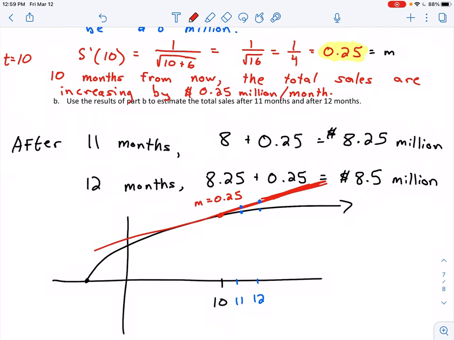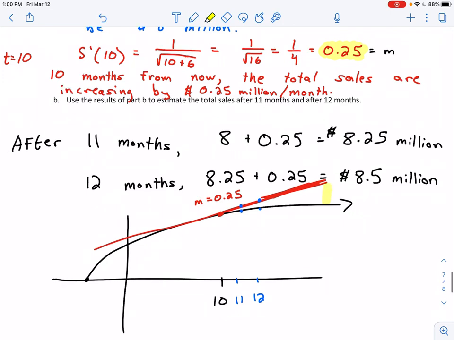So if I wanted to approximate, say, after t equals 20, something that's pretty far away from 10, this approximation would be not very effective. It just wouldn't be very good because there's such a large distance between my function and my tangent line here. So be careful when you're using this approximation.